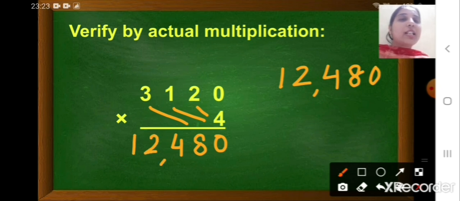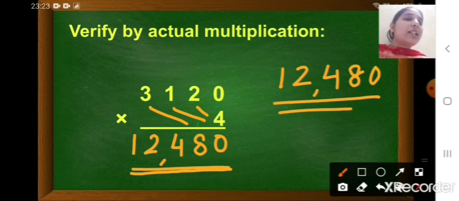So children, you can see here, when we verified it by actual multiplication, then too we got the same answer that we got by multiplying using expanded form. What does it show? It shows that our answer is correct. Our multiplication using expanded form is correct. Got it, children?